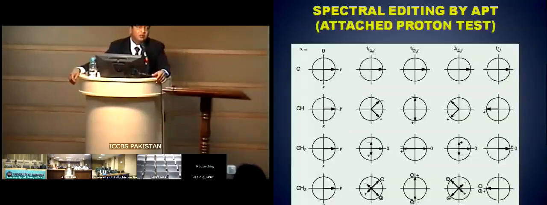And when it would not see any proton, it would appear as singlets. Your problem was partly solved because you were able to confirm how many carbons you have. You were also able to know the chemical shifts of your carbons.